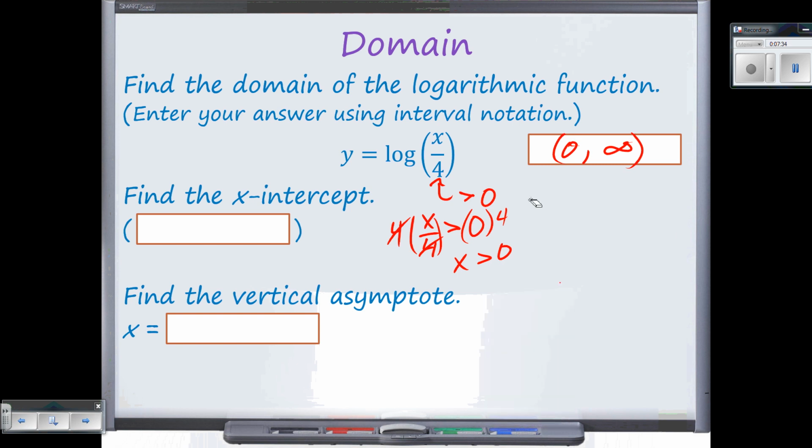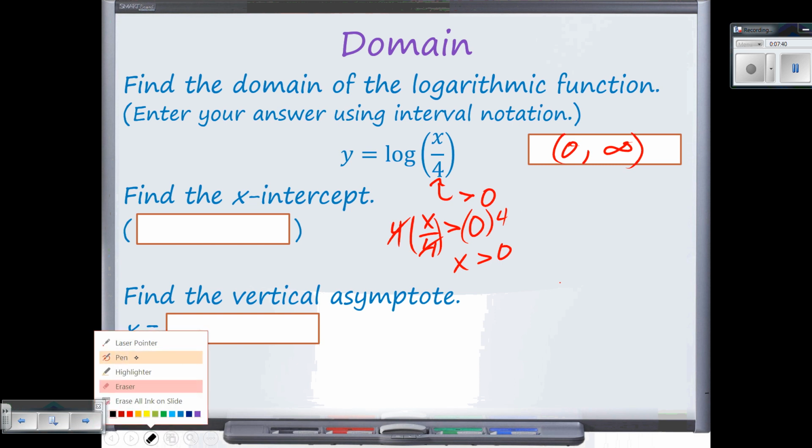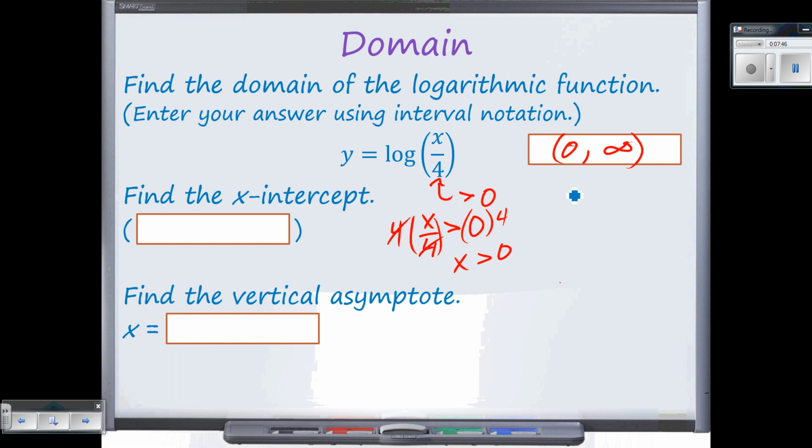Now the reason for this is, if you think about what I'm trying to say with a logarithm, log base, we'll just do base 2, just for fun, of x.